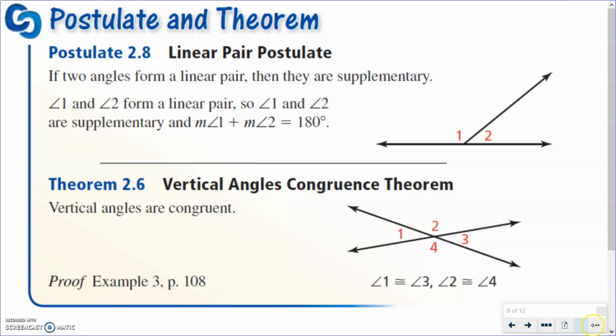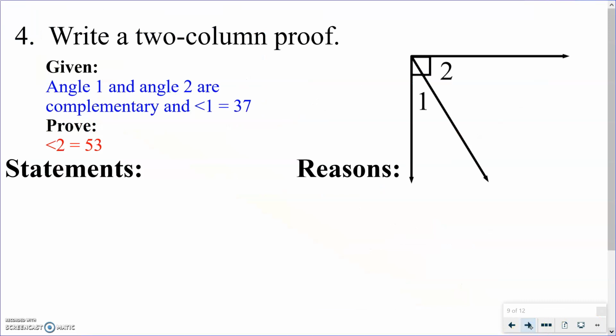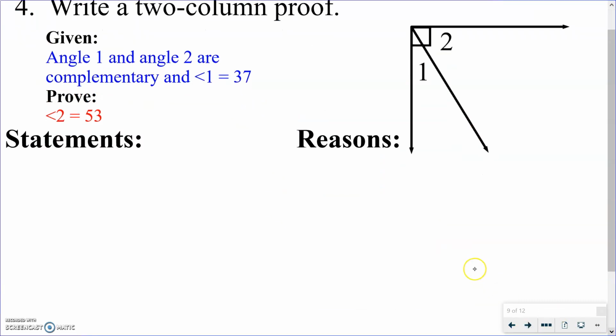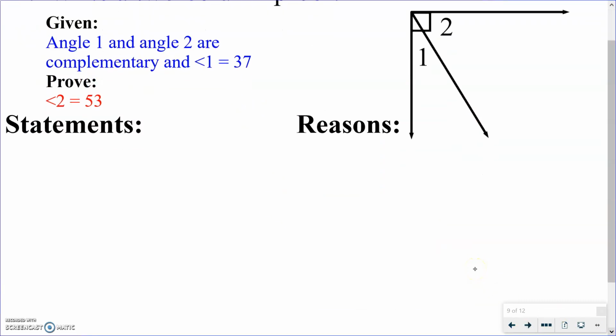So we are going to jump right in and use some of those. And we're going to write our own two-column proof this time with no statements or reasons to start with. And we're not going to know the number, so we're just going to give it a go. So I'm going to write the first statement, and I'm going to say angle 1 and angle 2 are complementary.